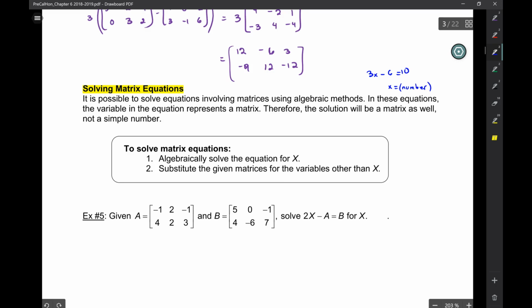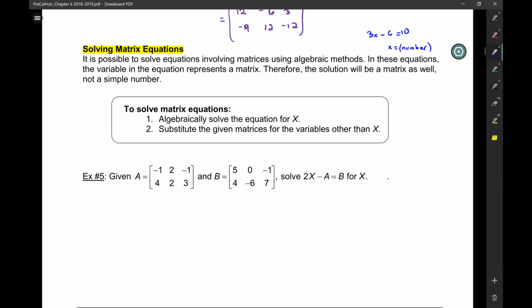Okay, well, if I have a matrix equation, then when I solve for x, x will be a matrix, right? So your answer is a matrix, not a number. To solve matrix equations, you algebraically solve the equation for x, then substitute the matrices.